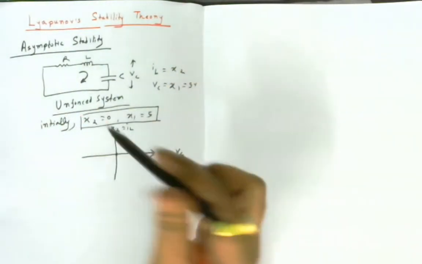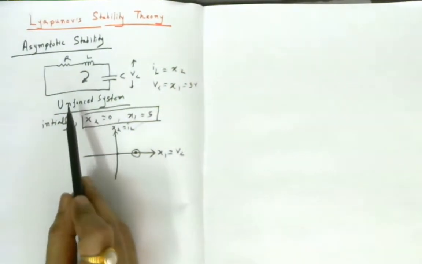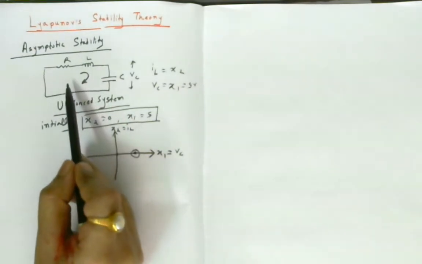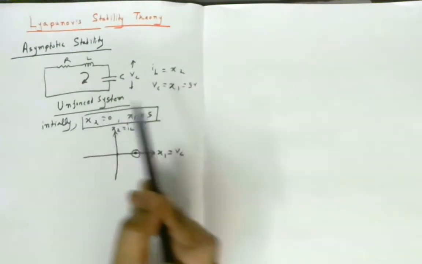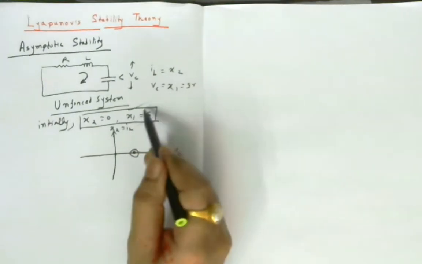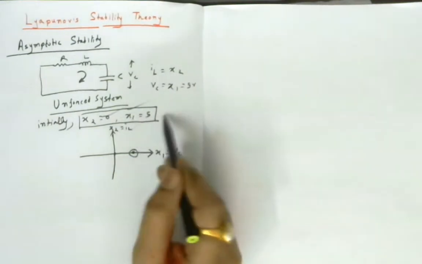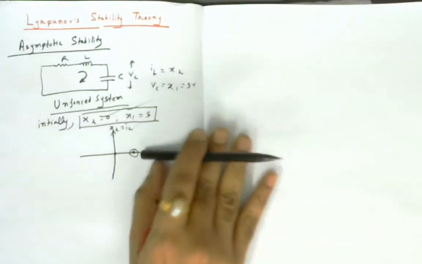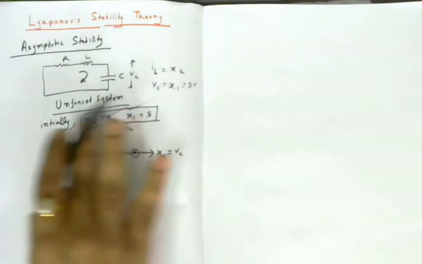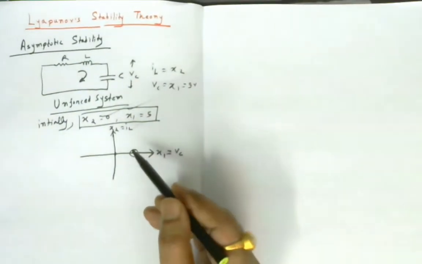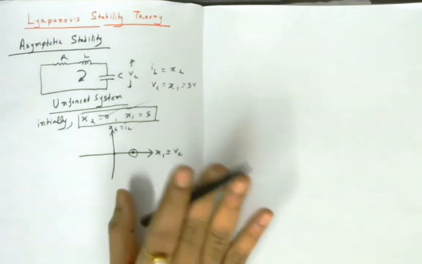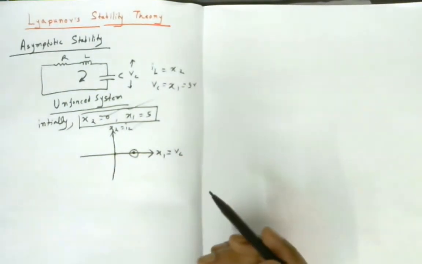Now, what is this case? This is an unforced system. Remember, the unforced system is driven by the initial condition. Without any initial condition, there is no possibility of the functioning of the circuit, and there is no case of understanding any trajectory on the phase plane.